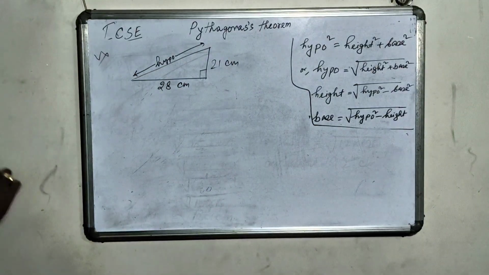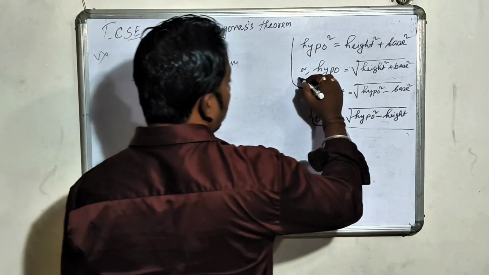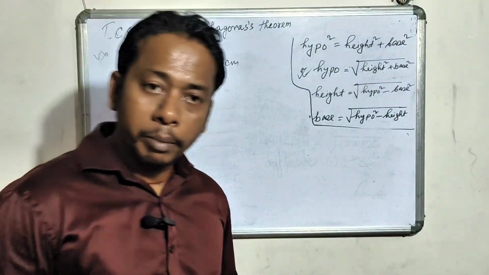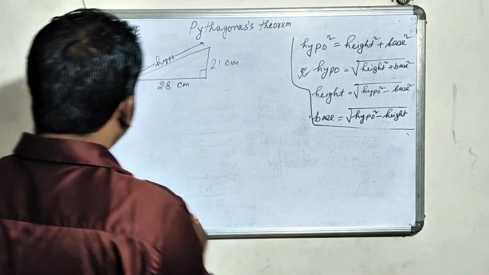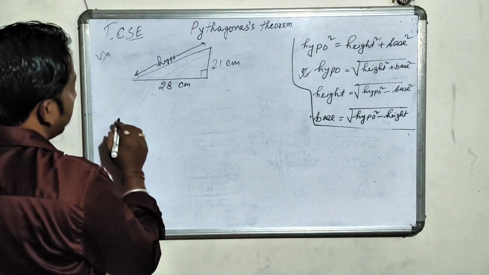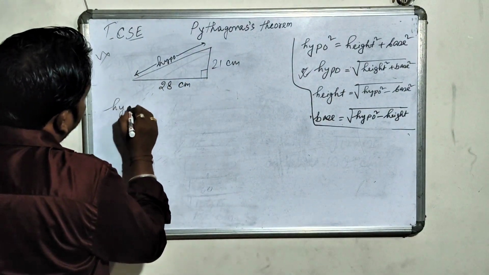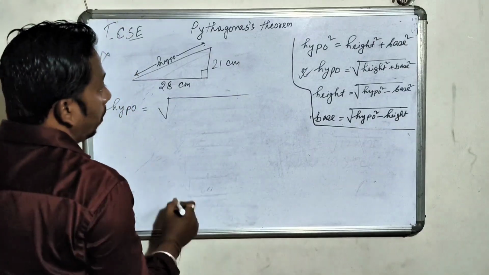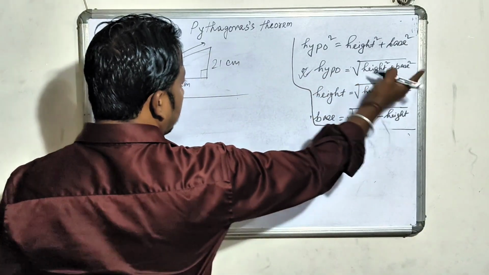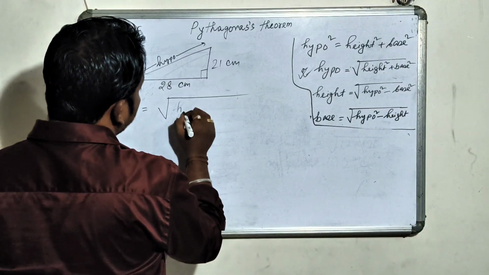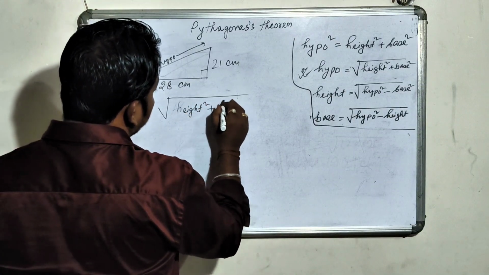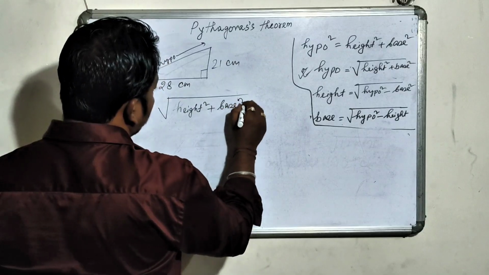Okay, so from the law of the Pythagoras theorem, hypotenuse equals root over of height square plus base square.